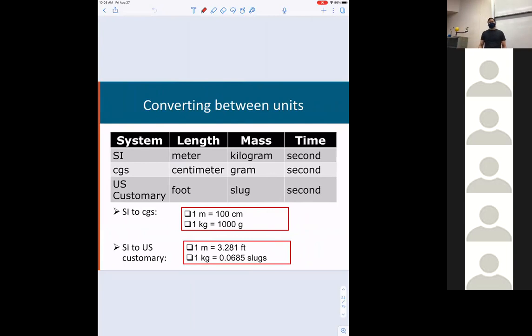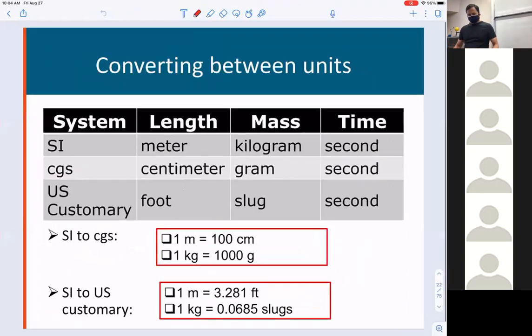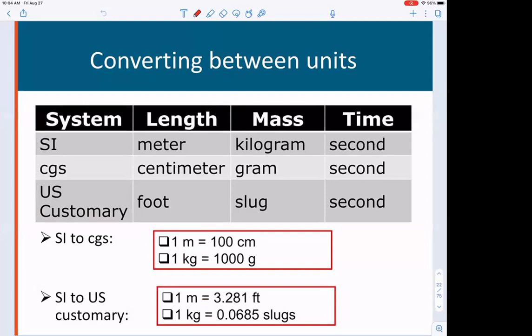We talked about how there are three fundamental quantities in mechanics: length, mass, and time.